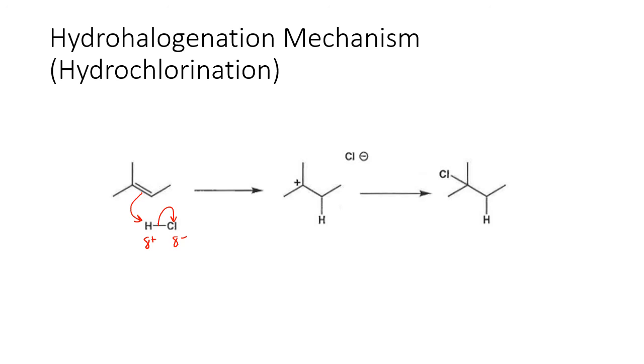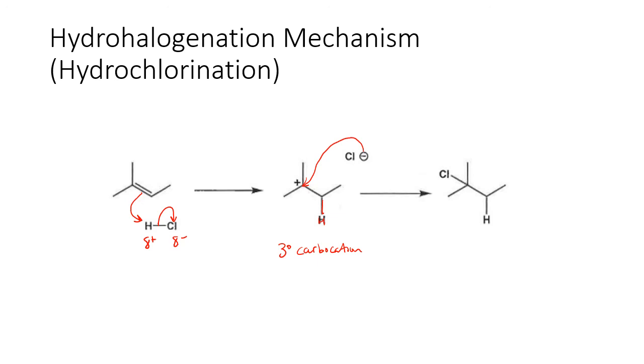In the first step, we're going to go through the more stable carbocation intermediate, which is the tertiary carbocation that's formed. Our hydrogen got added to the least substituted side. Our chloride now is going to function as a nucleophile and attack our tertiary carbocation, which is an electrophile.